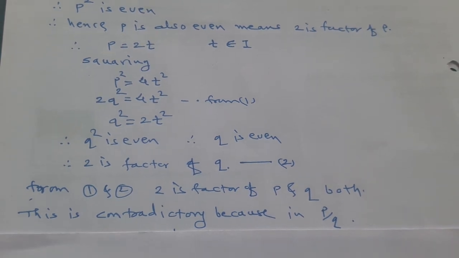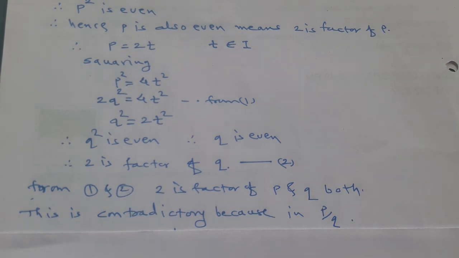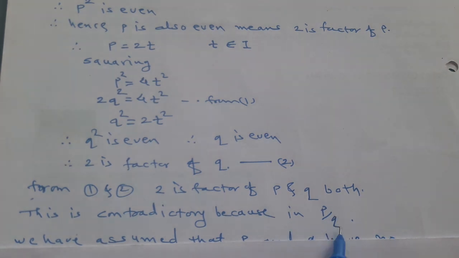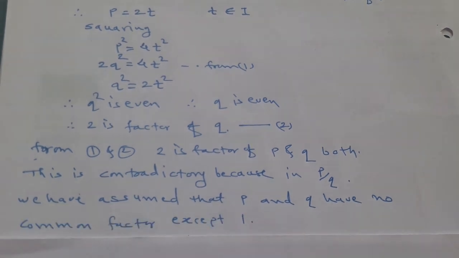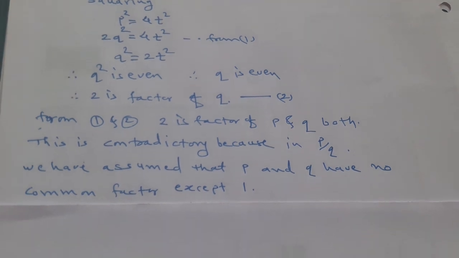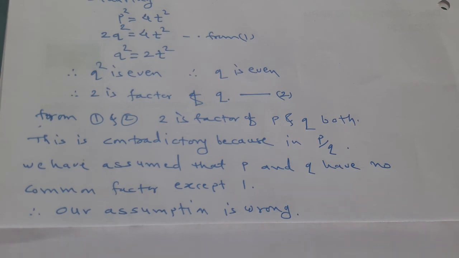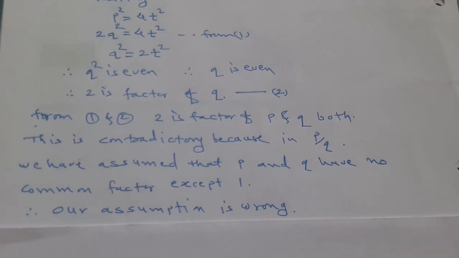This is a contradiction because we assumed that P and Q have no common factor except 1, but here 2 is a factor of both P and Q. Our assumption is wrong.